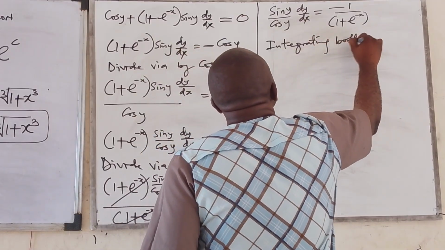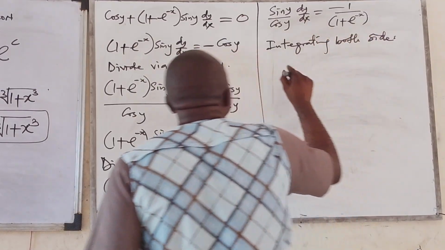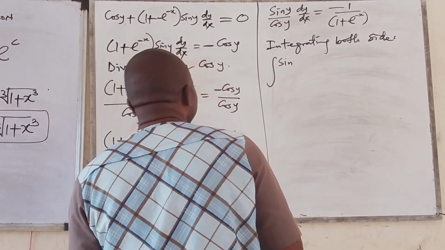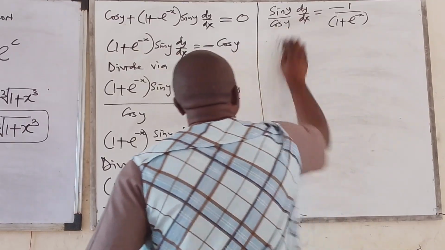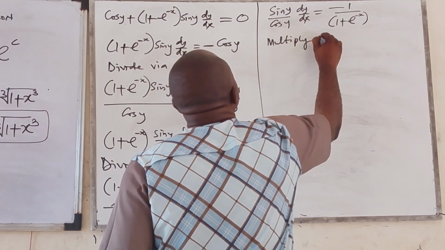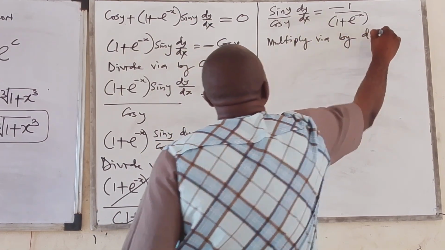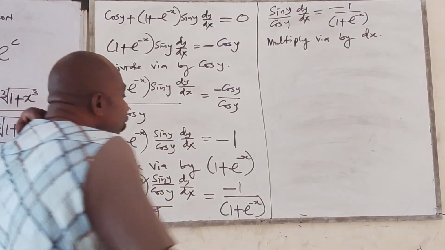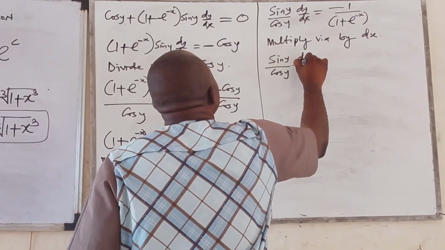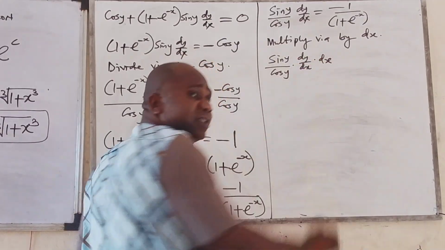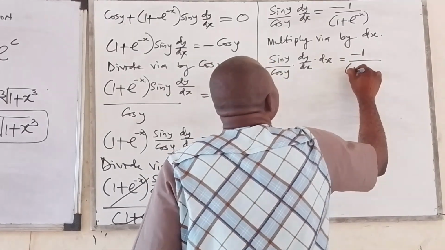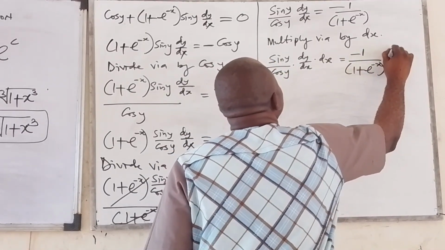So now, integrating both sides. But before then, since we have the dx here, let's multiply through by dx. So we have sine y all over cos y, dy all over dx, times dx, is equal to minus 1 all over 1 plus e power minus x times dx.